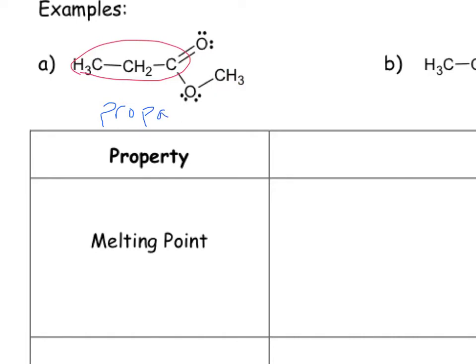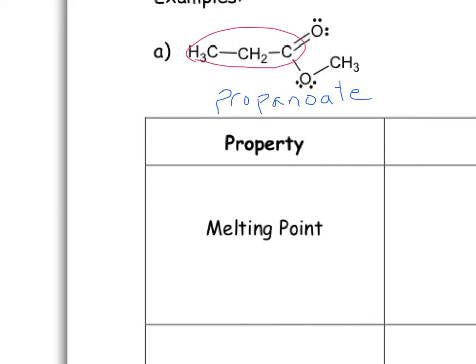Because they're single bonds, AN, and to indicate it's an ester, I use the suffix oate. To describe the methyl attached on the other side of the ester, I don't use a position number, and I intentionally put a space between the methyl and the propanoate.